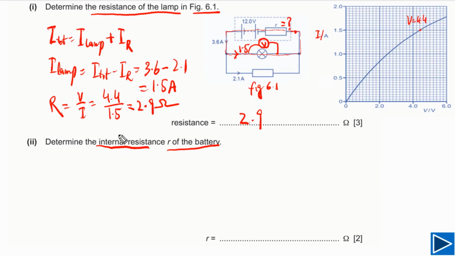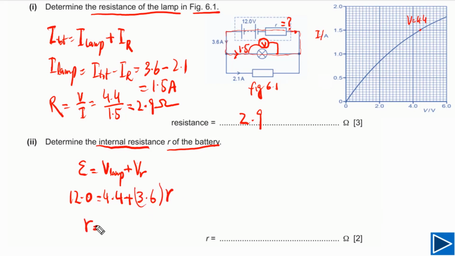The EMF of the power supply is equal to the voltage across the lamp, the potential difference across the lamp, plus the potential difference across this resistor, the internal resistance R. So we can write EMF is 12.0, and the potential difference across the lamp we have just found: when current is 1.5, the potential difference is 4.4, and the current passing through this resistor is 3.6, times R. From here we can find the value of internal resistance.